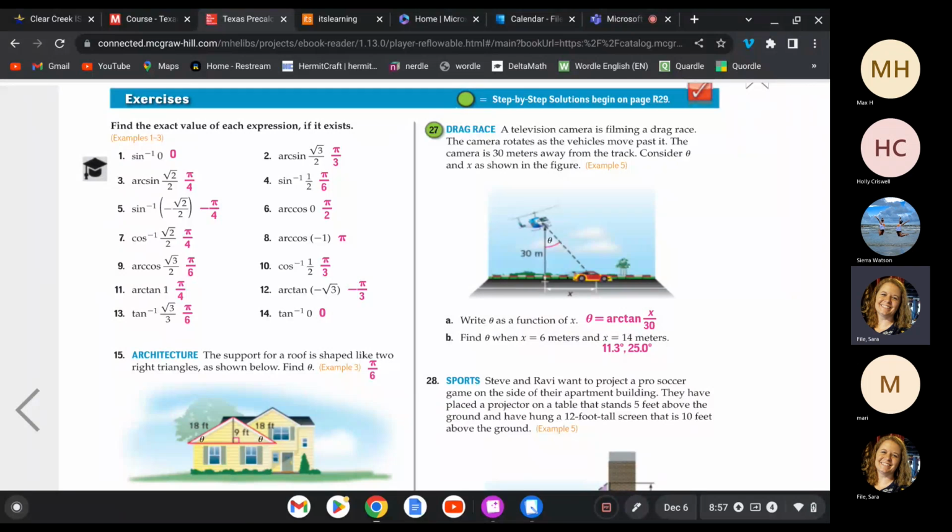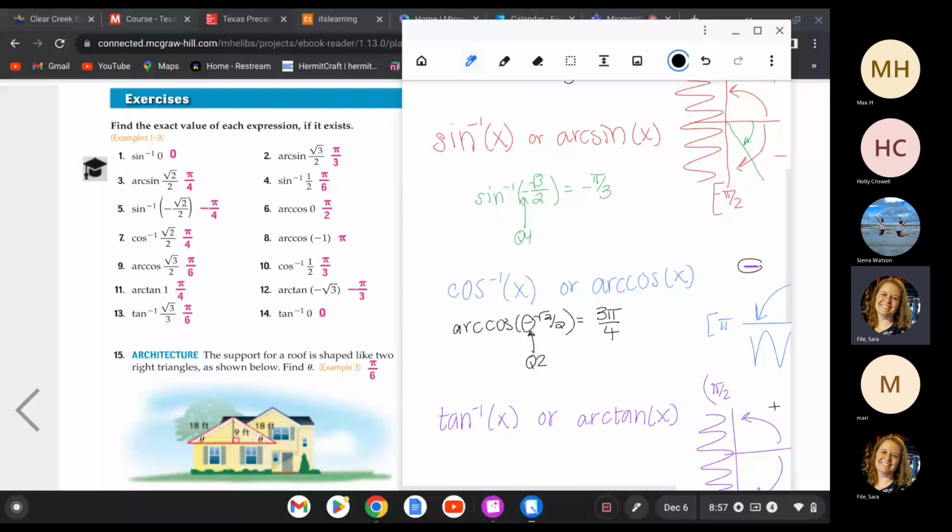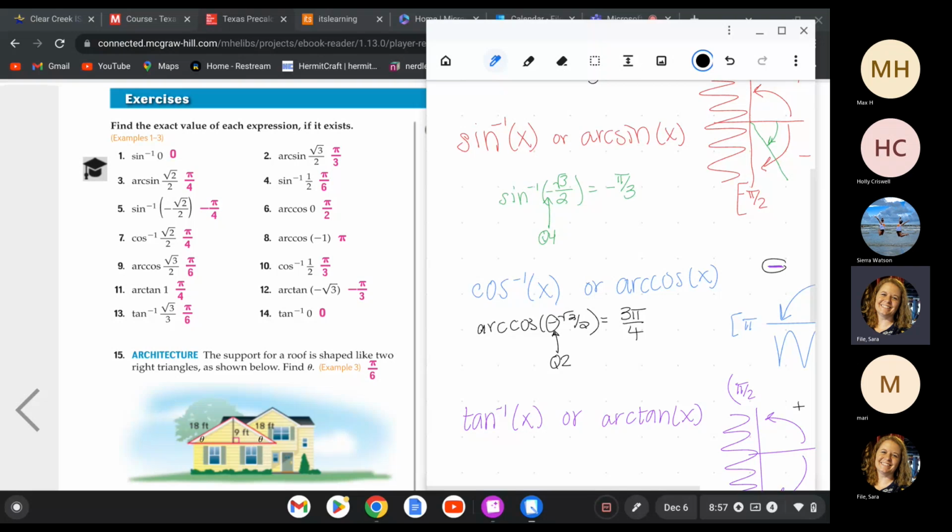Because sine is 0 actually at 0 and pi, right? Y'all agree? Yes. But we're only going to give the answer at 0 because of the restrictions. Pi would be over here where I scribbled out through quadrants 2 and 3. We don't give inverse sine answers from over there.